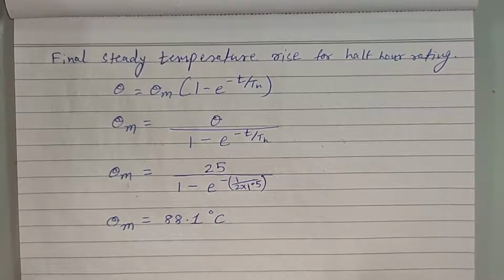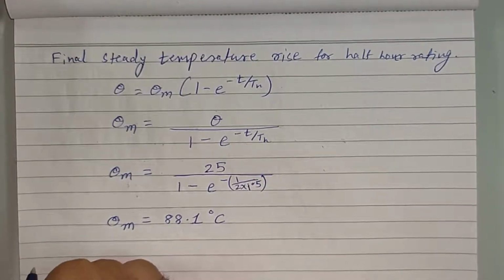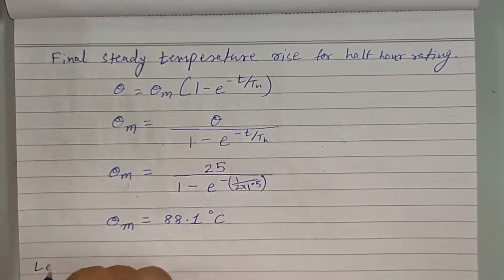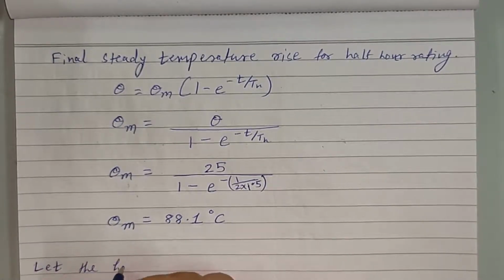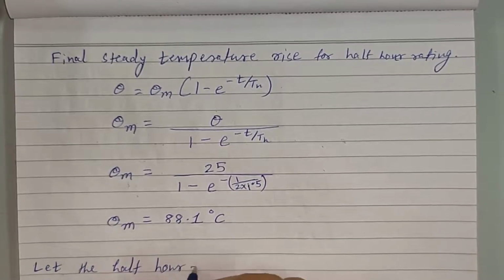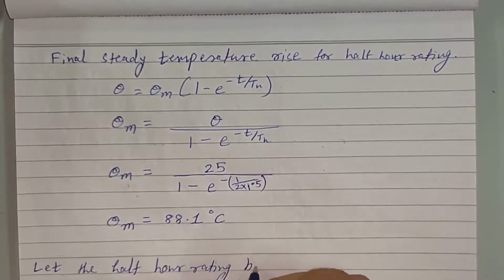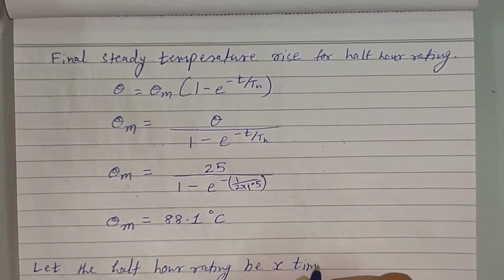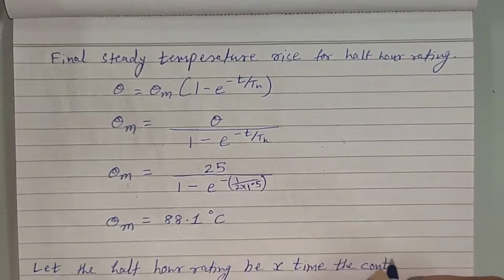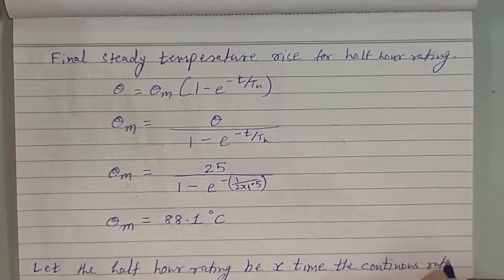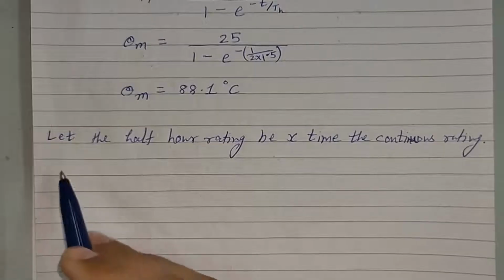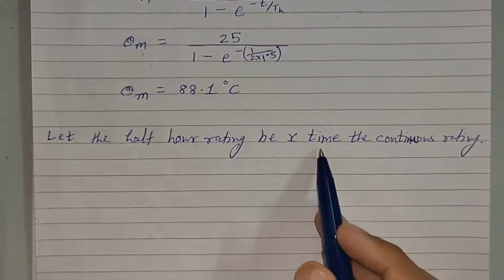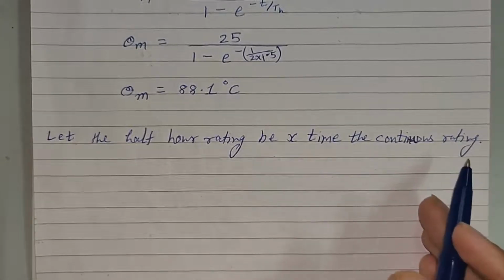Now let the half hour rating be x times the continuous rating.